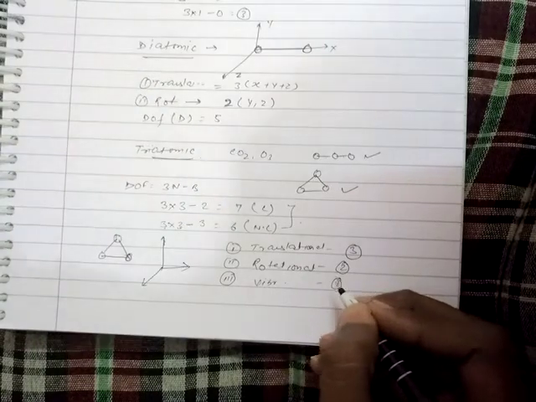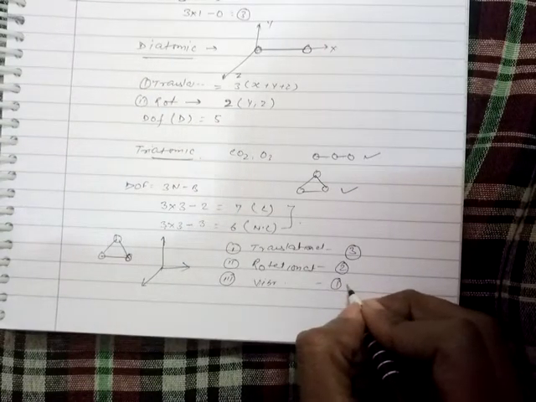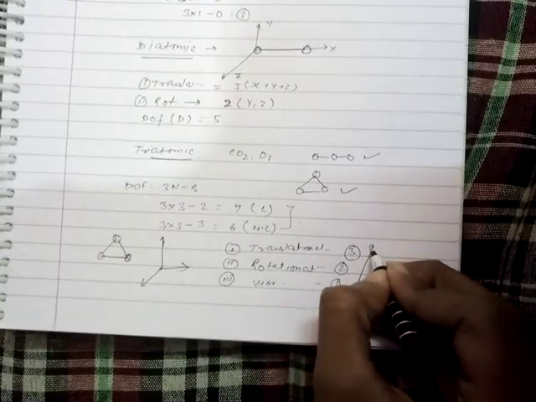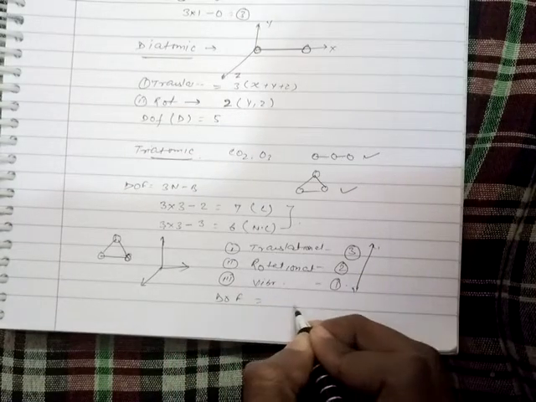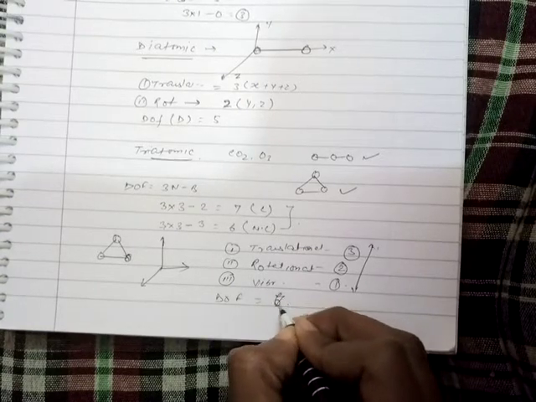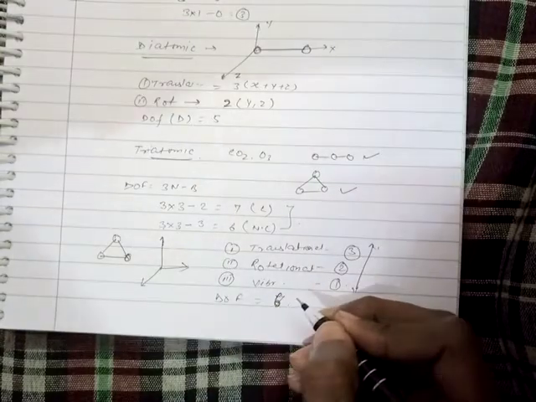This is the only case in which you get to see a vibrational motion of the molecules. So in case of triatomic molecules you get to see all 3 types of motion. So the DOF for triatomic molecules is equal to 6 for non-linears and 7 for linear molecules.